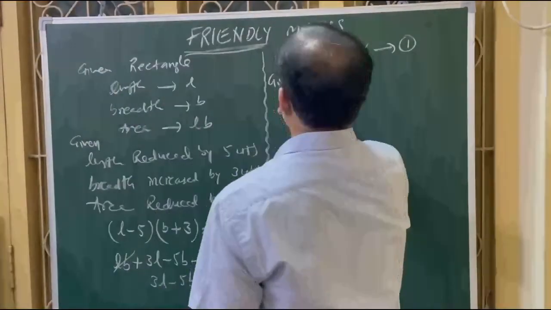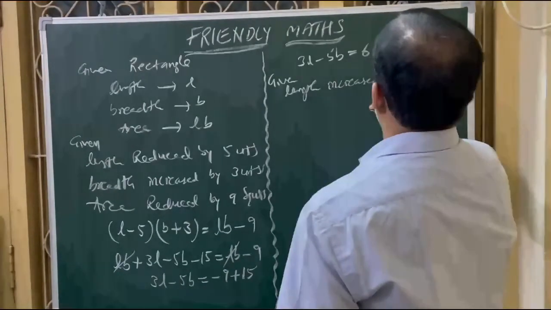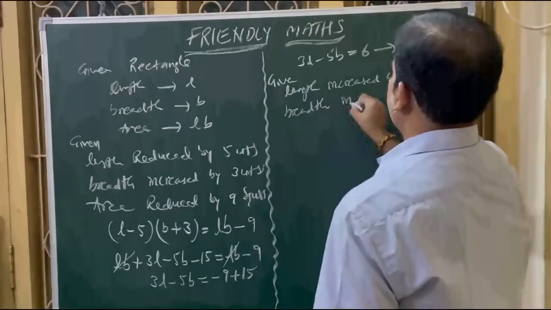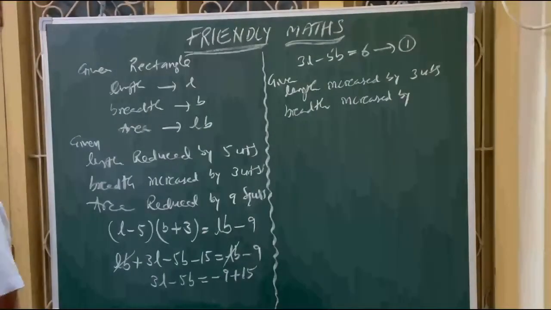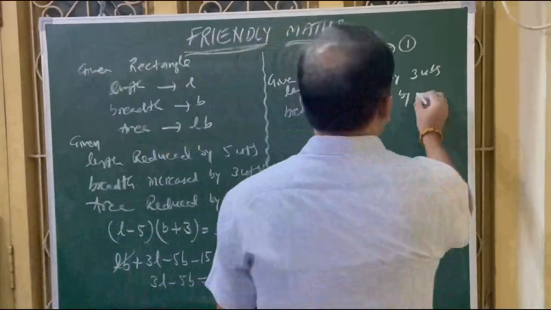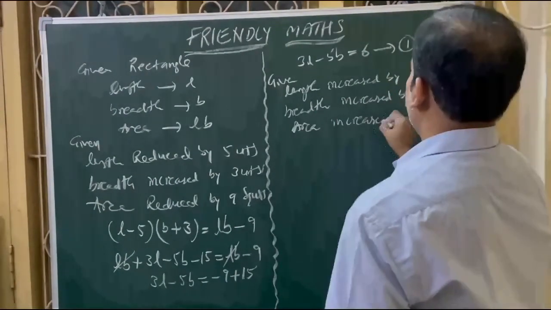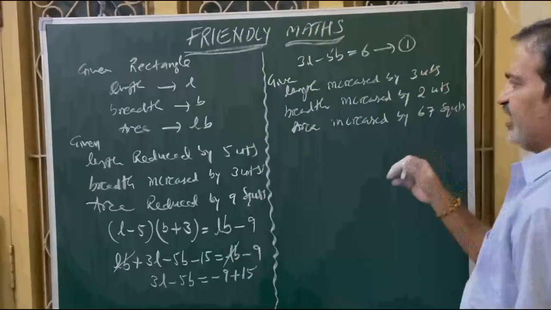Given, length increased by 5 units, breadth increased by 2 units, area increased by 67 square units. Okay. Now using this we can find the second linear equation.